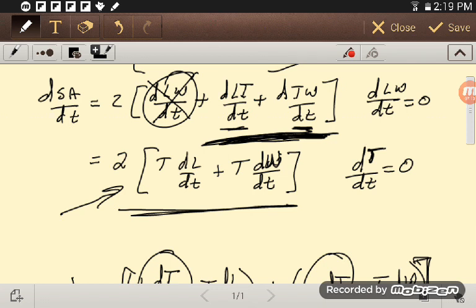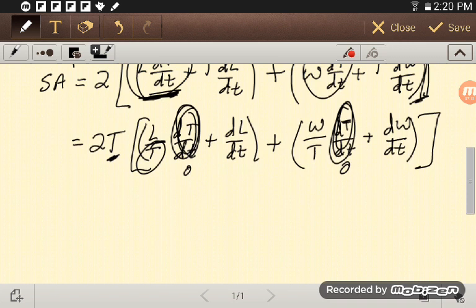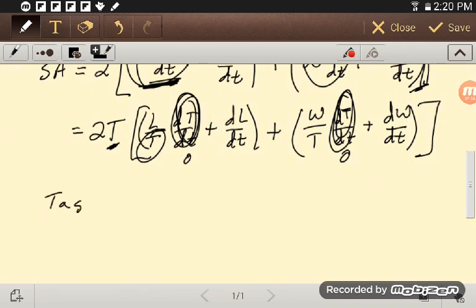So equation 1 from the volume, task 1.5, asks you to, it doesn't specifically say show this, but this is what it wants you to do: it wants you to get dW dt is minus W over L times dL dt.